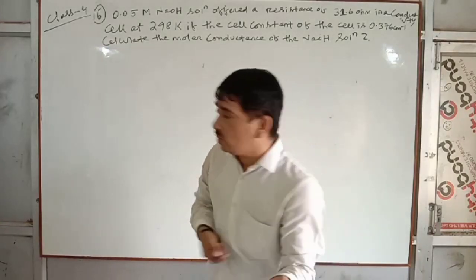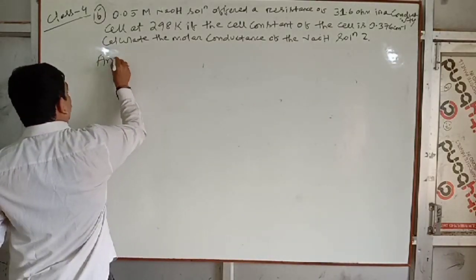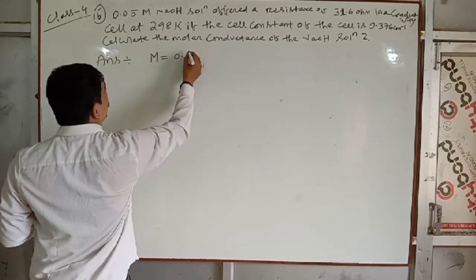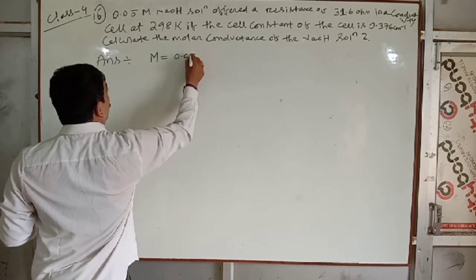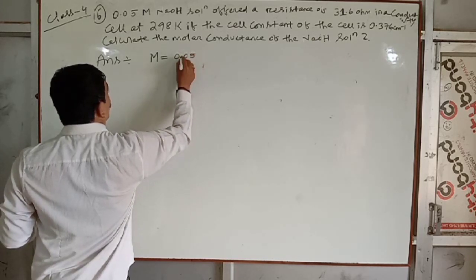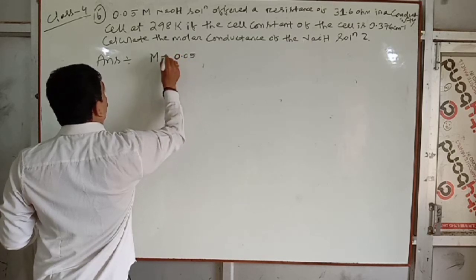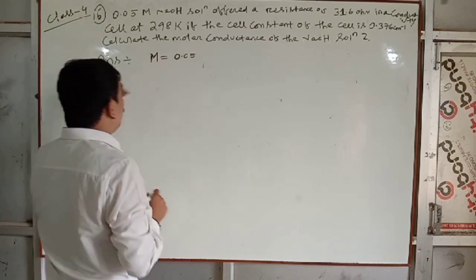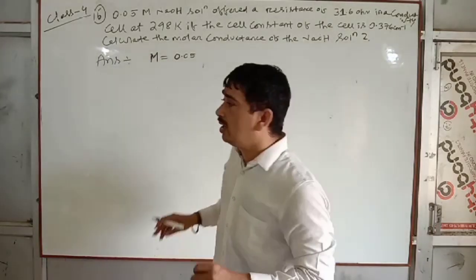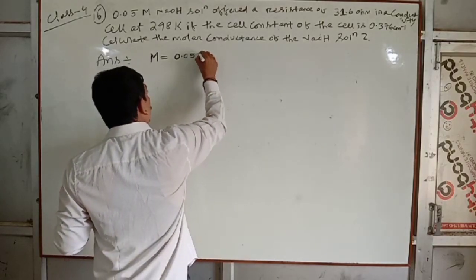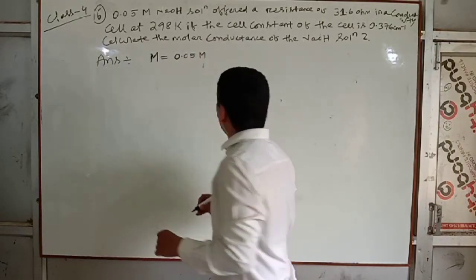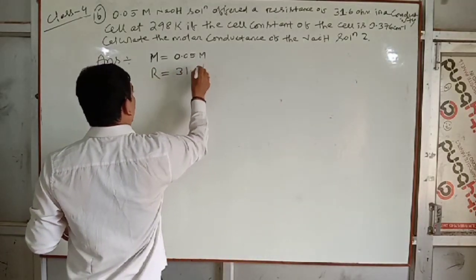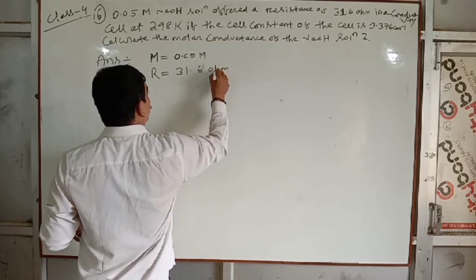First, M equal to 0.05 M. Resistance is given: R equal to 31.6 ohm.